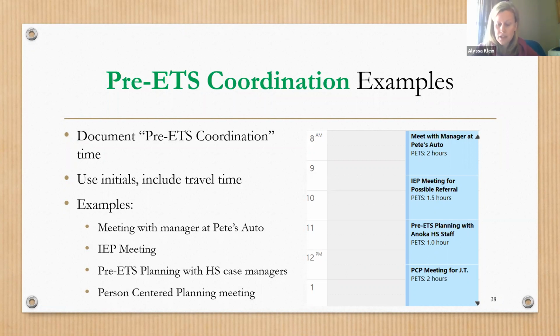The third is related to pre-ETS coordination services in terms of working with educators to coordinate pre-ETS. So you'll see that I documented a pre-ETS planning meeting that I had with the Anoka High School education staff. And then the last example is my documentation of a person-centered planning meeting with a student who has a Medicaid waiver. Again, be sure to include all of your travel time.